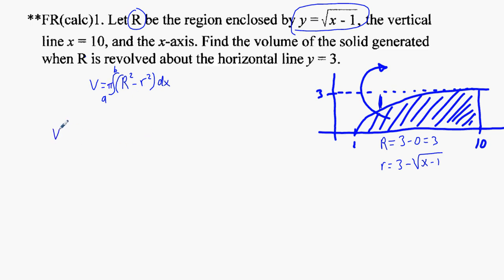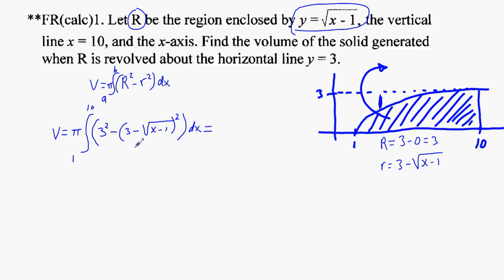So in this case, our volume is equal to pi, and we're integrating from x equals 1 to x equals 10, and then we have big R, which is 3, and we square that, and we subtract out the quantity 3 minus the square root of quantity x minus 1, and we're going to square that, and we have dx.